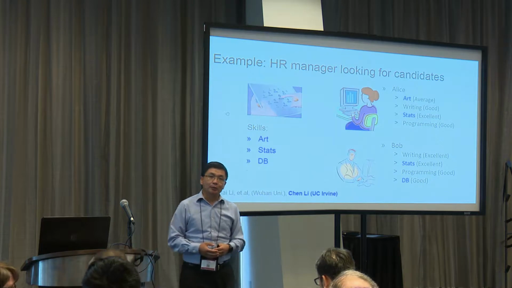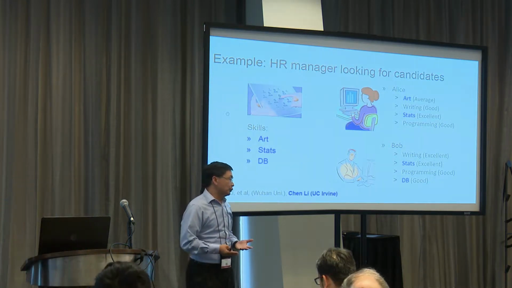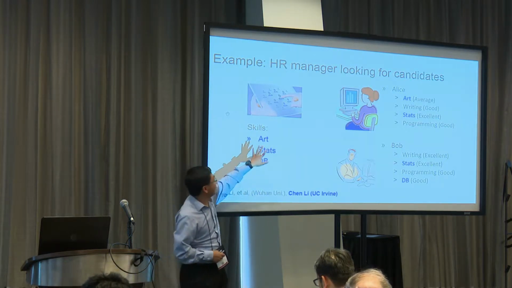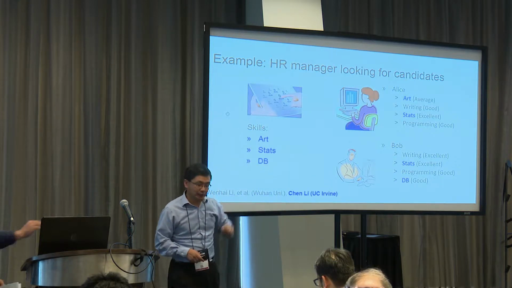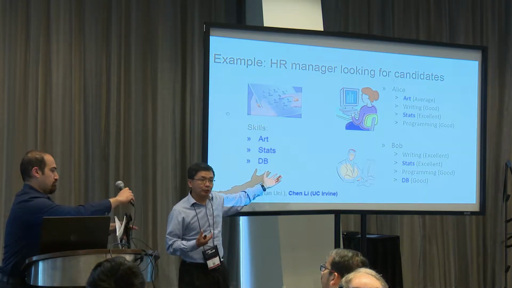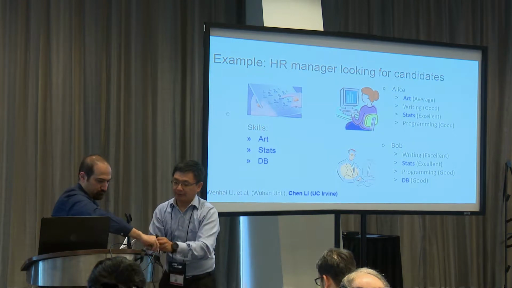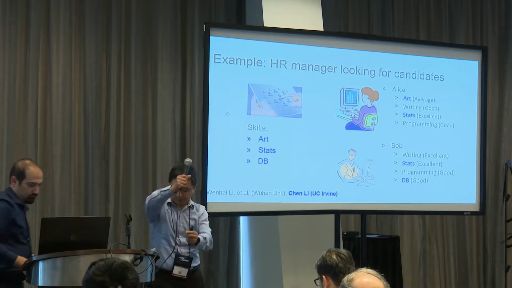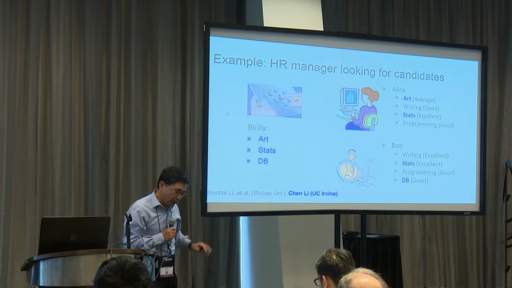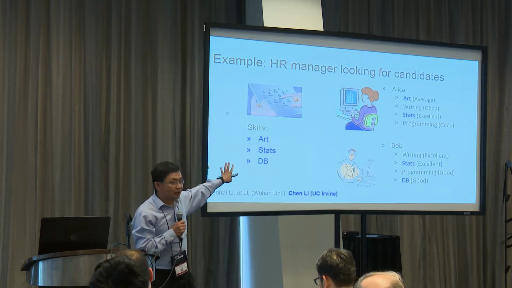So given such a table, let's assume we have a human resource manager who is looking for employees that meet certain skill requirements. Here, let's say R, stats, and database. And our goal is, from this table of records, to find all those records that meet these conditions.